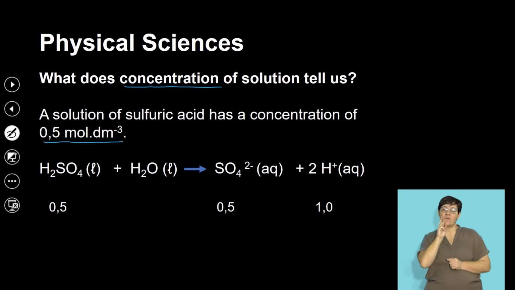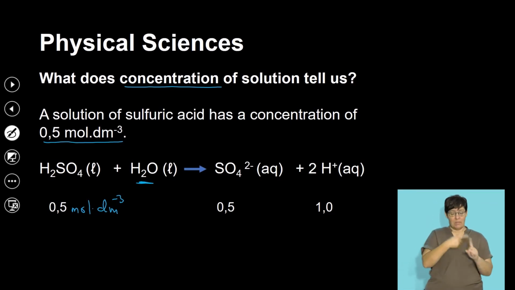So water is the common solvent in which these homogeneous solutions are found. Now, if this is the concentration of the acid, which is 0.5 mole per cubic decimeter, okay?